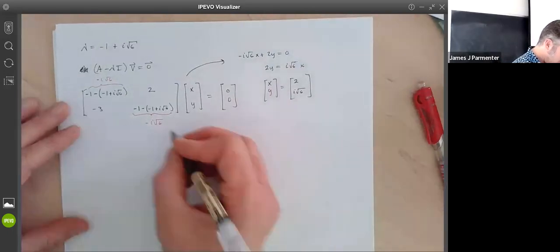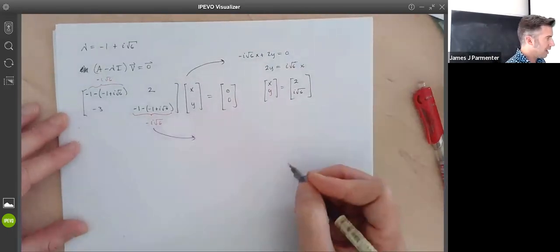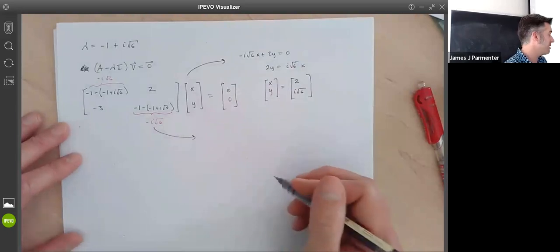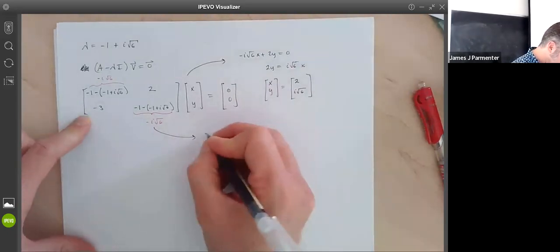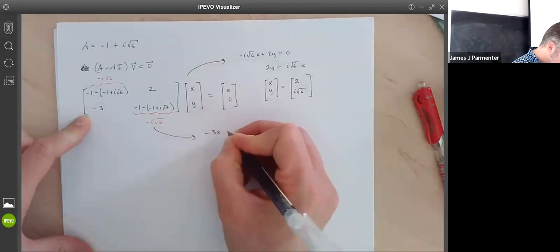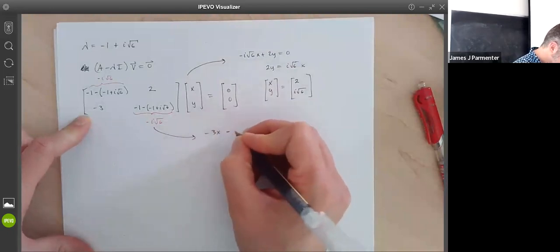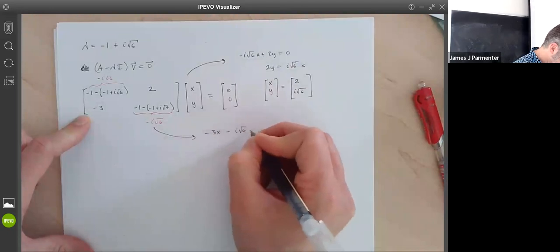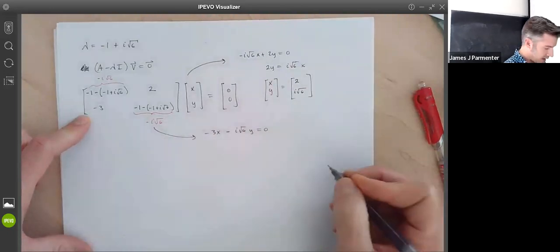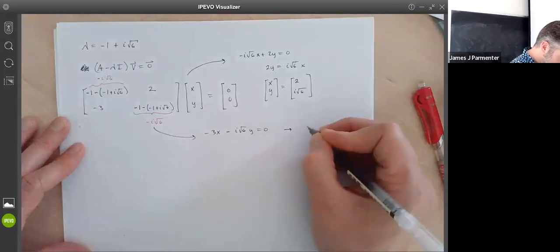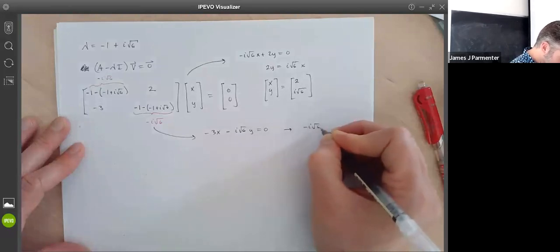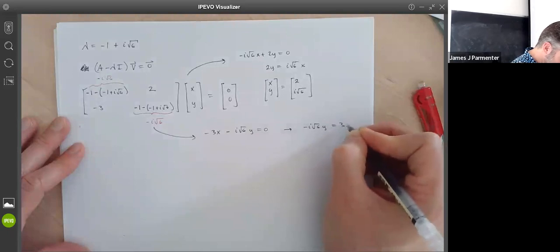Alternatively, you could use the bottom equation. It's going to look different, but I promise you it's going to be exactly the same. So if I did it this other way, I have -3 times x minus i root 6 times y equal to 0. And if I do the same thing, I'm going to have negative i root 6 y equal to 3x.